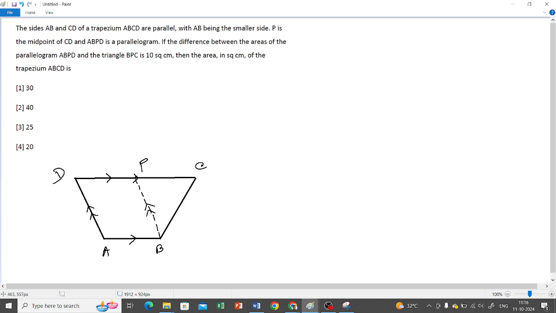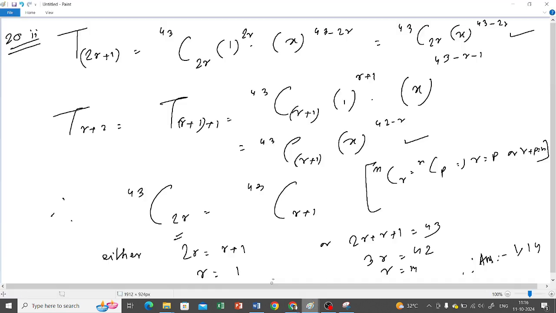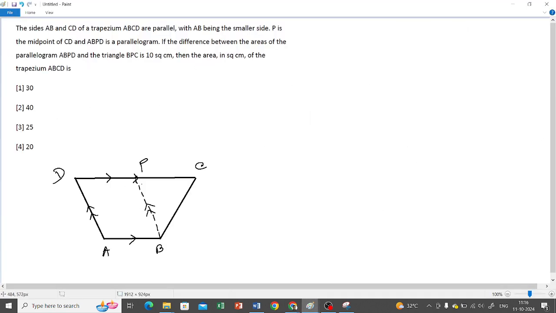Let me draw a perpendicular. Let the height of the perpendicular be h.